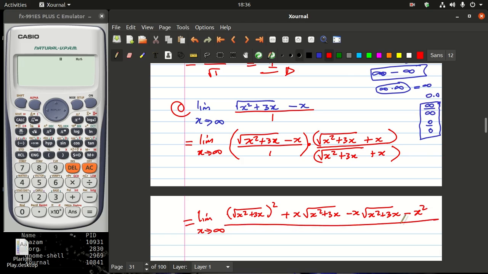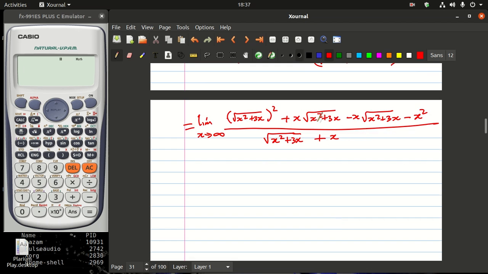I divide this whole thing by what is happening in the denominator. I'm not going to simplify what is in the denominator because if there was something to cancel there, I want to find it still waiting for me there. And if you look into this part here and this part, they are the same except that the signs are different. So this part and that part are gone.